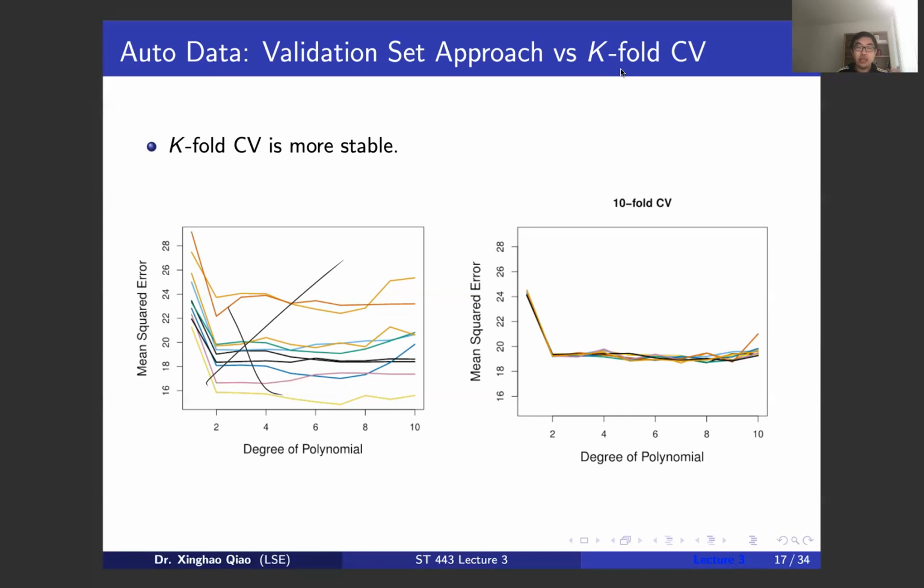And it is more computationally efficient than the LOOCV, because you need to only fit the model 10 different times. For the LOOCV, you need to fit the model n different times. If n is 100, that means you need to fit the model 100 different times.